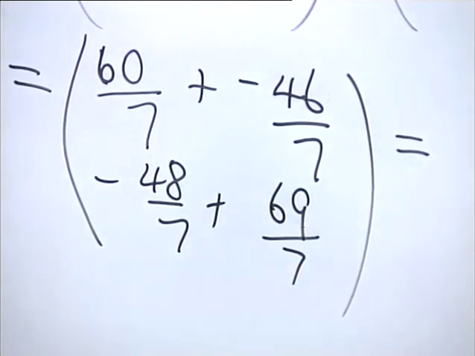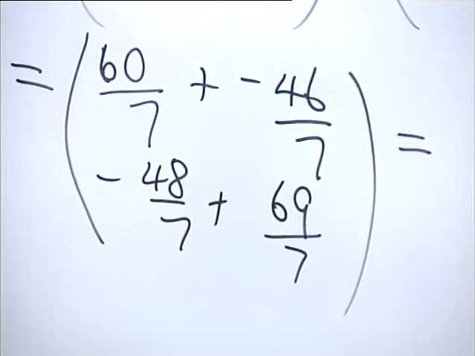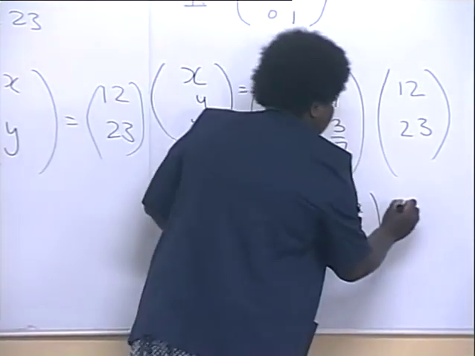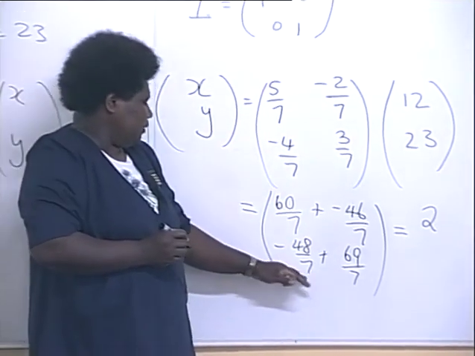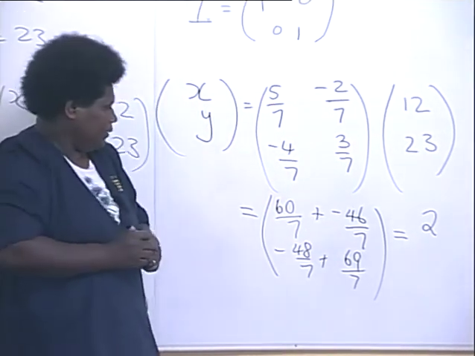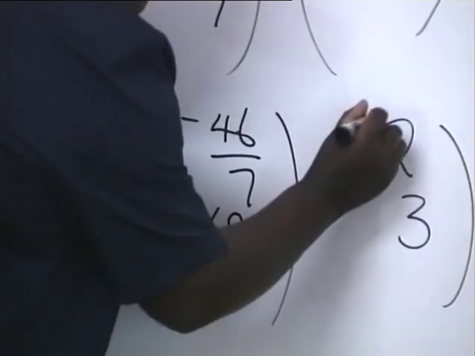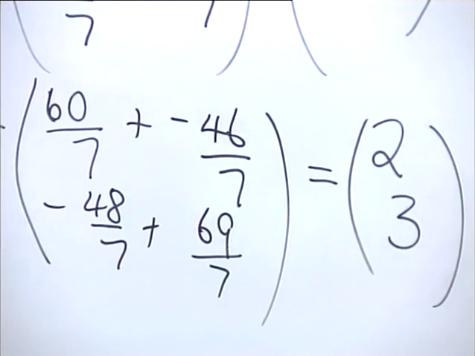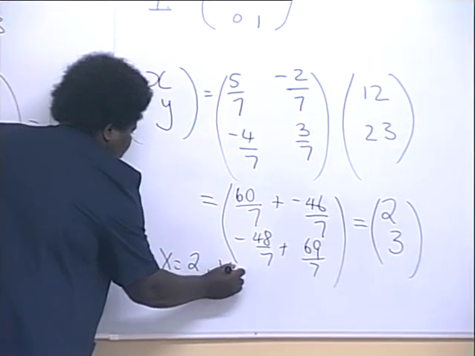Okay, 60 on 7 minus 46 on 7 is 14 on 7, which is 2. Minus 48 on 7 plus 69 on 7 is 21 on 7, which is 3. So xy is equal to 2, 3, which means x is equal to 2 and y is equal to 3.